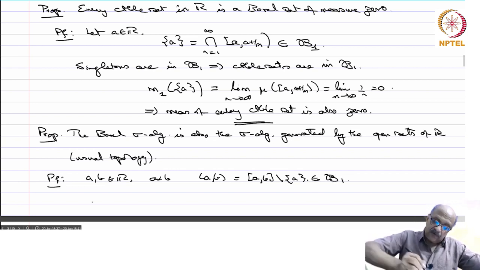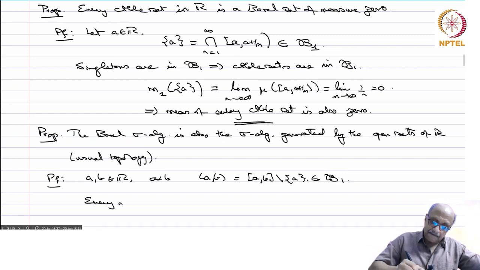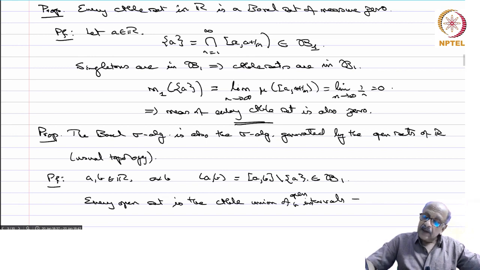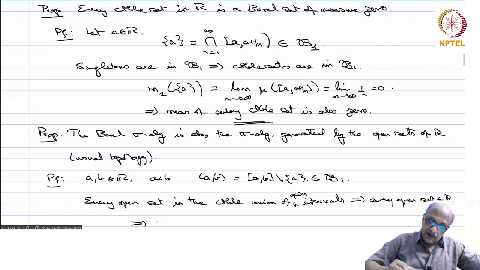Every open set is a countable union of open intervals, which implies every open set belongs to B1, which implies S of open sets is also contained in B1.